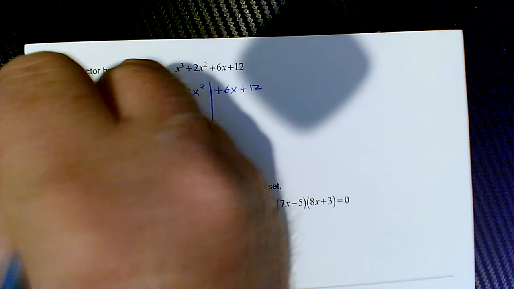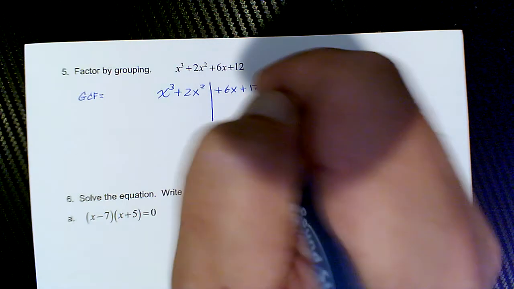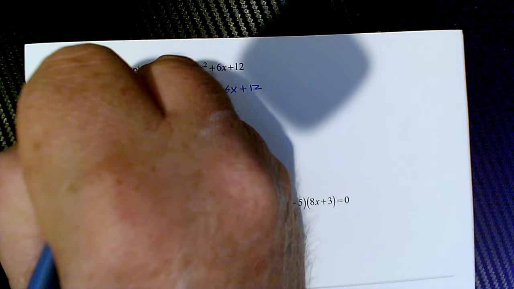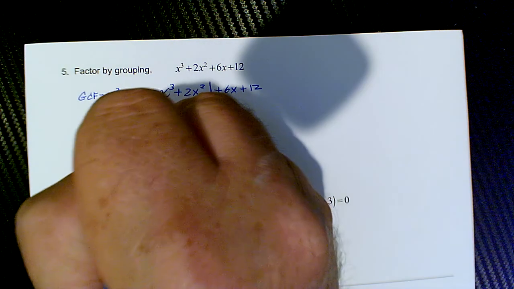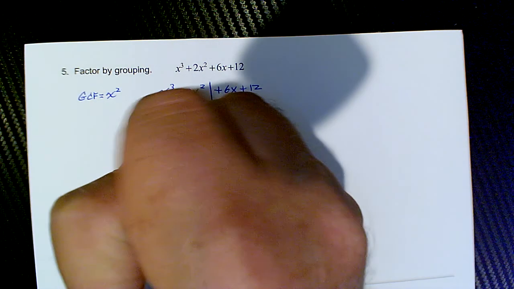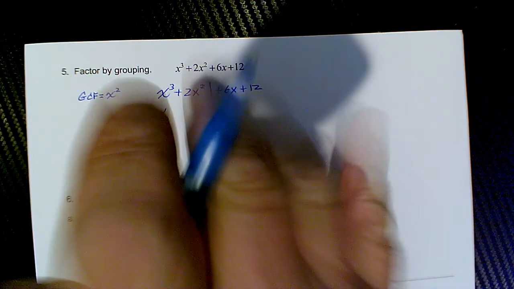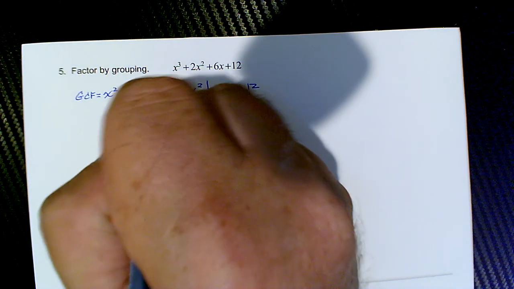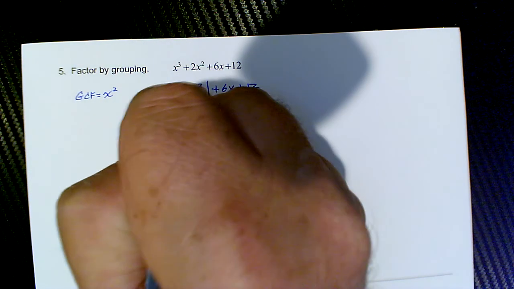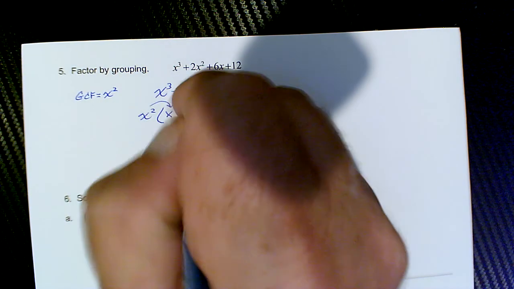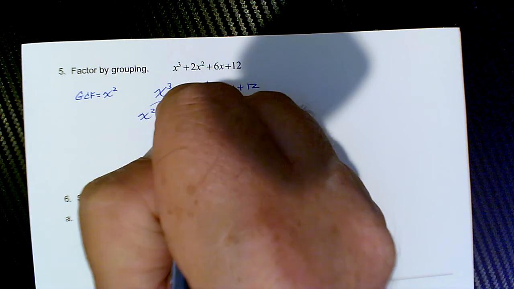The greatest common factor from each pair, I should say. From the first pair is x squared. So if I factor out the x squared, we're covering this part up, we're just reversing the distributive property. To get x cubed, it needs an x. To get positive 2x squared, just a plus 2.